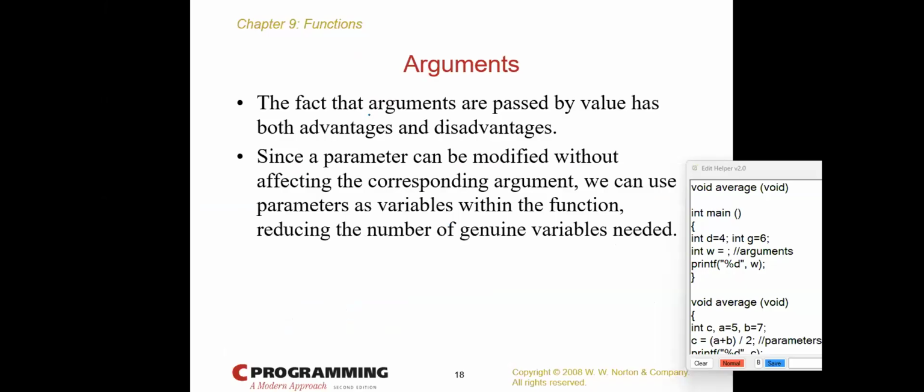In fact, the fact that arguments are passed by value sometimes has its advantage. One of the advantages is that since a parameter can be modified without affecting the corresponding argument, we can use parameters as variables within the function.